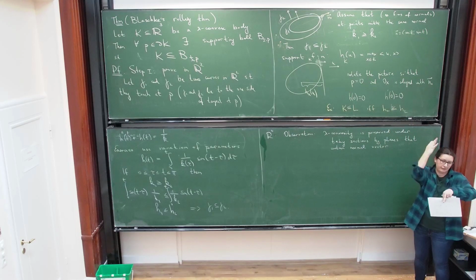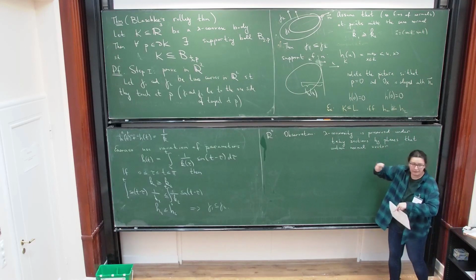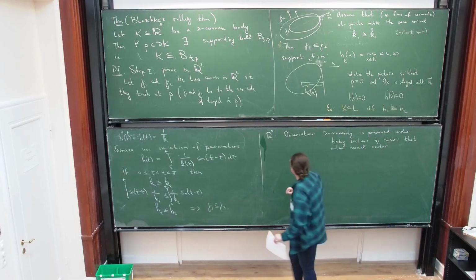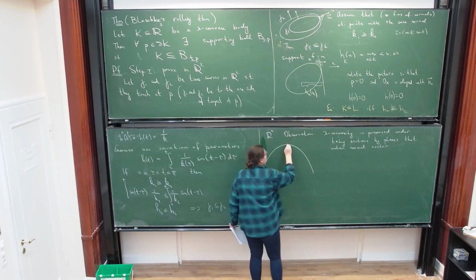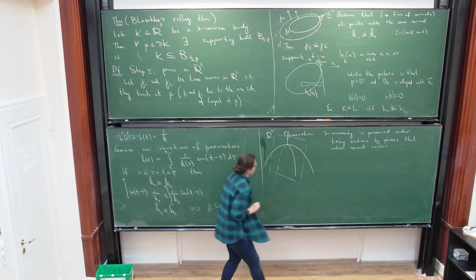So I have a ball, and if I start taking the section with the plane that contains the normal, I am again going to get a curve which sits inside the 1/λ disk, right? And since I have the plane that contains the normal vector, the center of the ball lies inside this plane. So if I have something lambda convex, I again take the normal, take the plane that contains this normal, and I get the section, right?